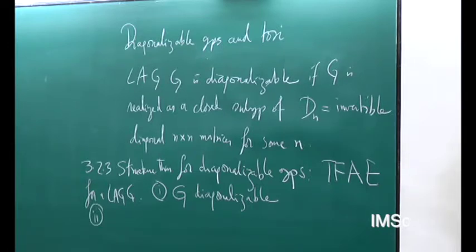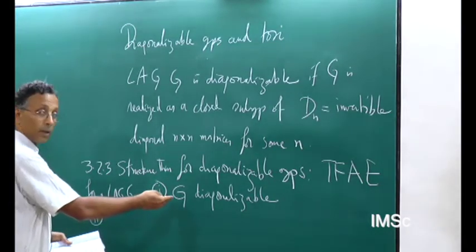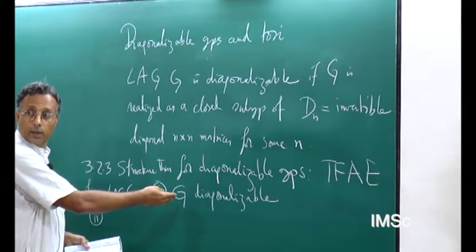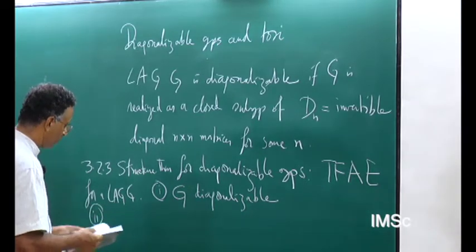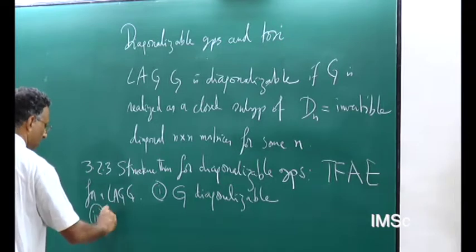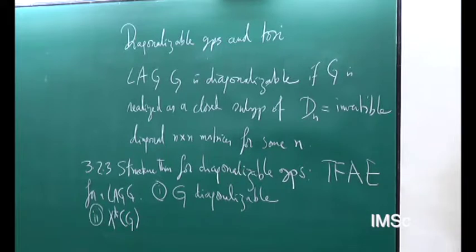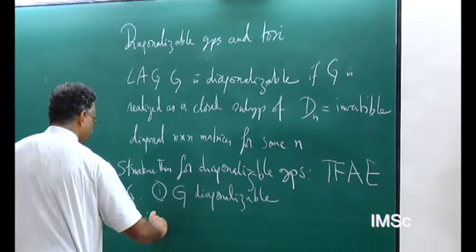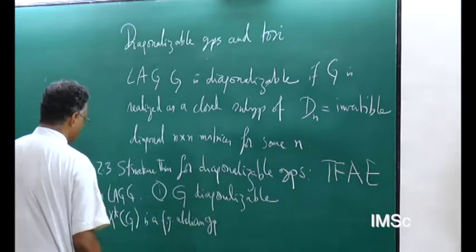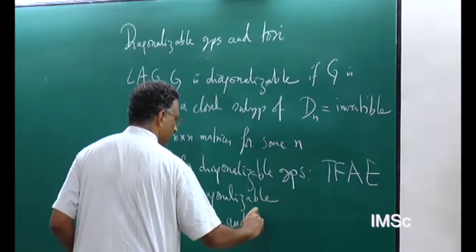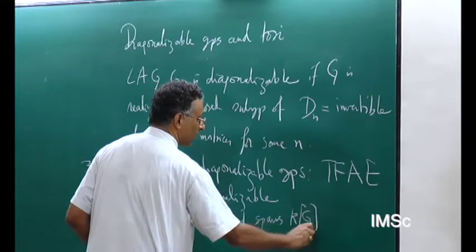Now, the set of characters must form a basis for the ring of functions of G. So this, our notation for the group of characters, is a finitely generated abelian group and spans K[G] as a K-vector space.